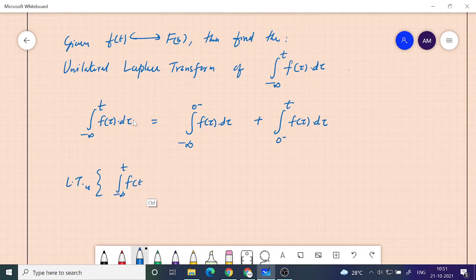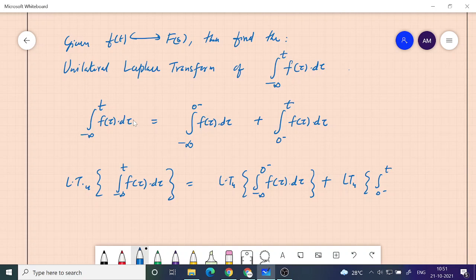Now when we say we are taking the unilateral Laplace transform of this, I can now write it as the Laplace transform of this first part plus the unilateral Laplace transform of the second part. It is from 0 minus to t.